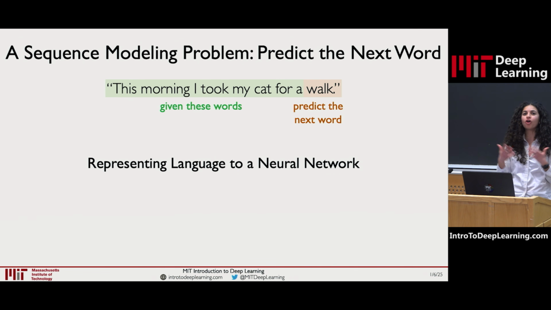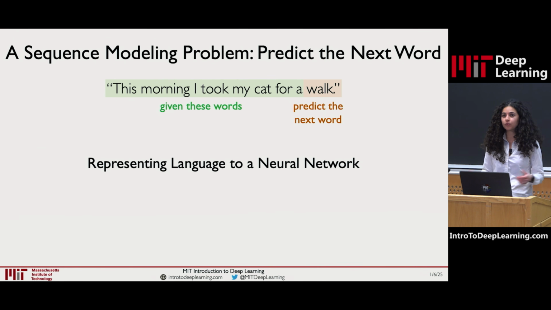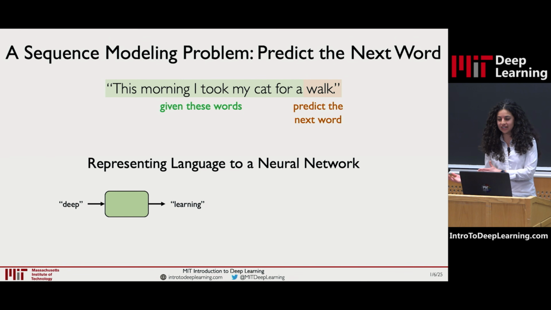Because remember, all neural networks are function approximators that operate on numbers, right? Vectors and matrices are ways of representing numbers. So that's exactly what we need to do. If we want to have a model that takes a word in and predicts the next word out, we can't just pass that in as words.